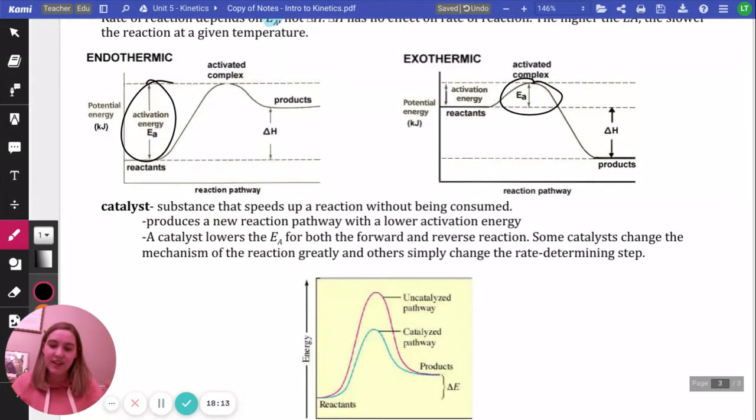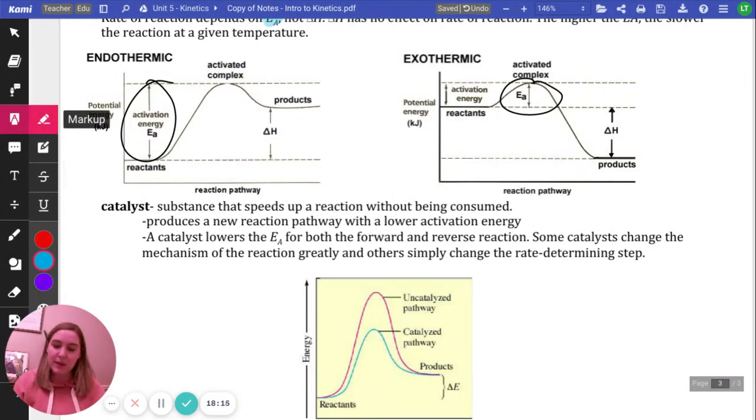So what do catalysts do? Catalysts speed up a reaction without being consumed. So they are not used in the reaction. And they produce a new reaction pathway with a lower activation energy. Catalysts act in different ways.